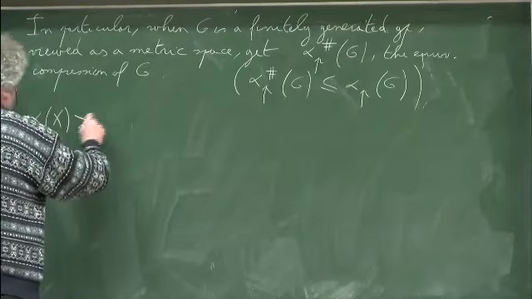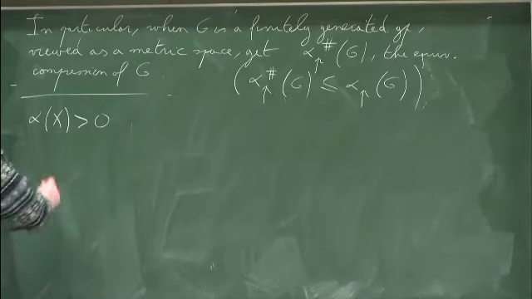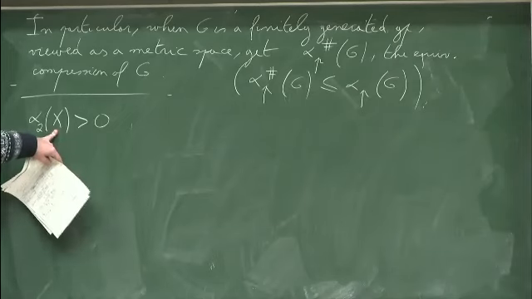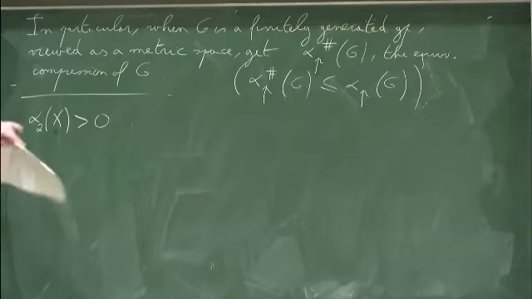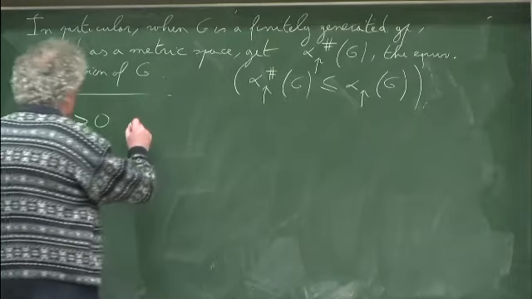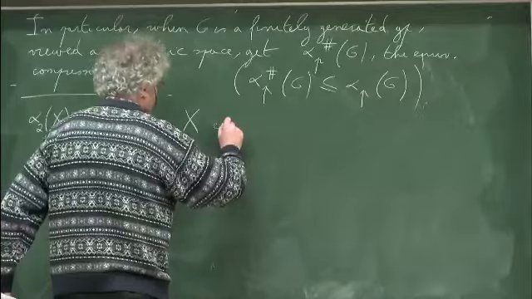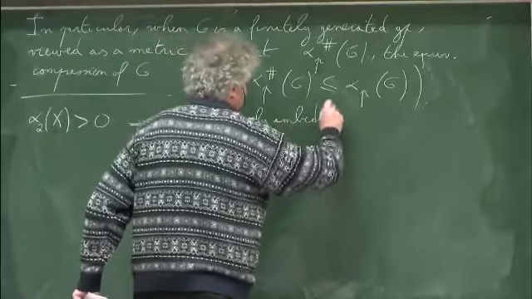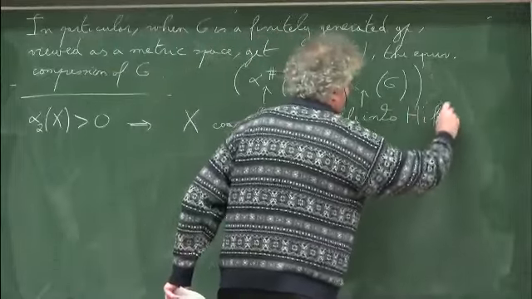First, if you have a space X and you assume, this is alpha_2, that this space has a positive Hilbert space compression, then clearly this implies that X is coarsely embeddable into Hilbert space.